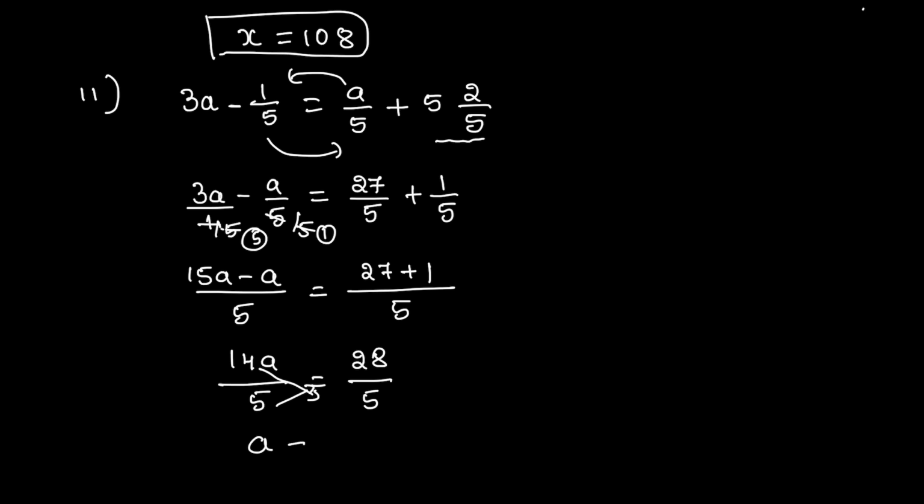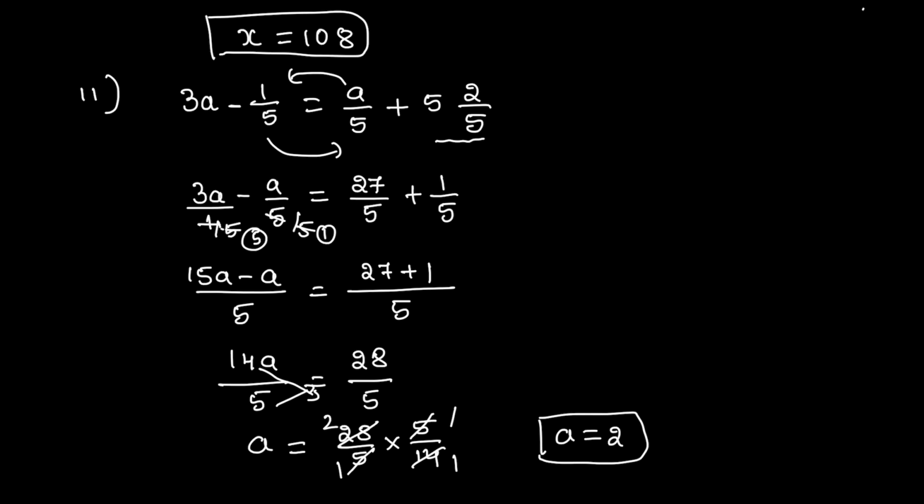So let's keep a on the same side. 28 by 5 into 5 by 14. 5 and 5 get cancelled. 14 ones are 14, 14 twos are 28. So a is equal to 2. The value of a is 2.